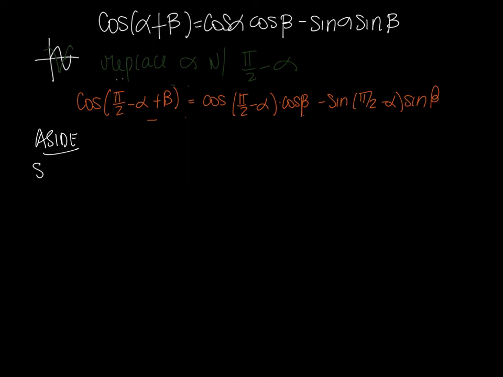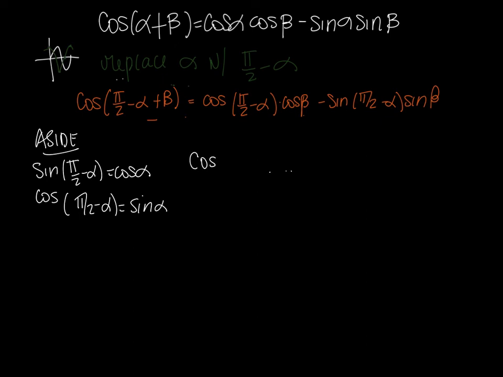So I've already written this out, including our pi over 2 minus alpha, but things we need to remember. We need to remember that the sine of pi over 2 minus alpha is going to be cosine alpha. We need to remember that the cosine of pi over 2 minus alpha is going to be sine alpha, which means if we take the cosine of pi over 2 minus alpha minus beta, so look at what I did.